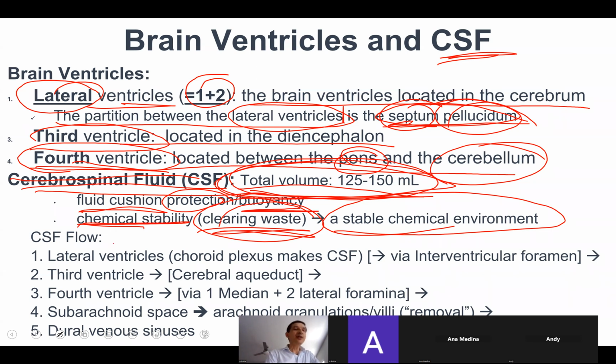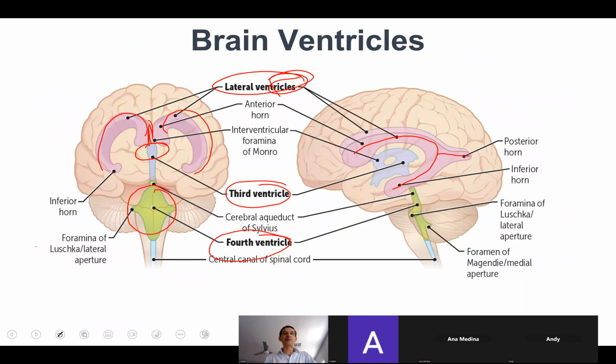All right, so how does this river flow? How does this CSF flow? Well, we do know that it flows from top to bottom. Let's look at it from the top of the brain to the bottom. Obviously the bottom would be your fourth ventricle. Here's your fourth ventricle. Okay, fine. And the top would be your lateral ventricles. The third one is in between.